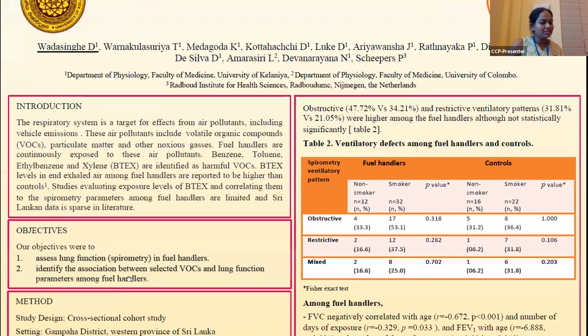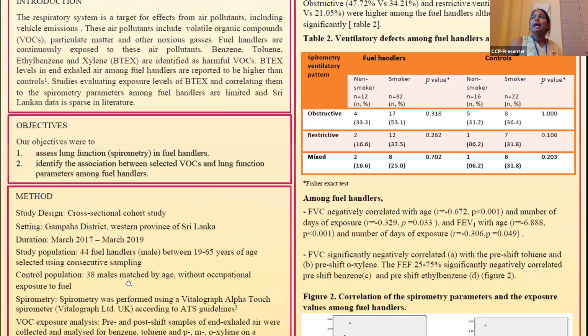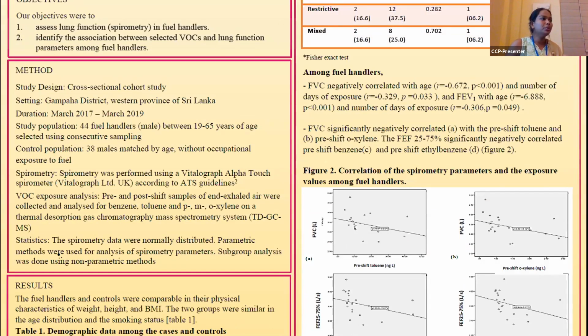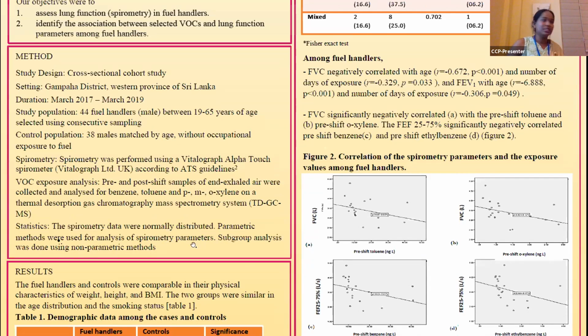It was a case cross-sectional cohort study, and our study is unique because we don't have any data in Sri Lanka, and the data published in regional papers do not have any correlation of the level of exposure with lung functions. So those were our key points.